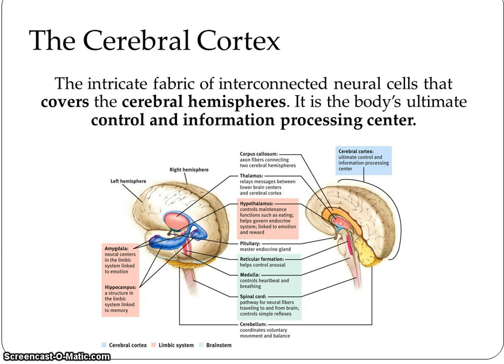The larger your cortex is, the higher capabilities, the higher functions you're going to have as a species. So the human cerebral cortex is much larger than a slug's cerebral cortex. That shows that our brains have evolved from just this basic brainstem to these higher level functions, or higher level parts of the brain.